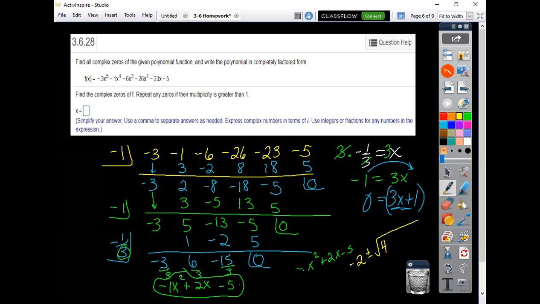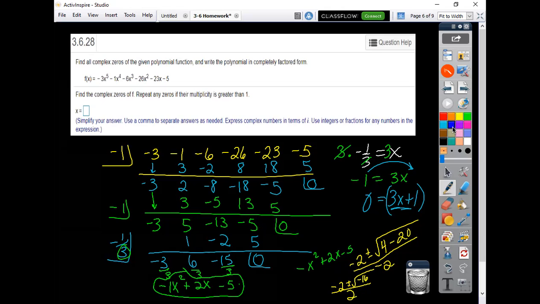Minus times minus is a plus, times that would be another minus. 4 times this 5 would be 20, all over 2a, 2 times negative 1, negative 2. If I simplify, it's negative 2 plus or minus the square root of negative 16, all over 2.